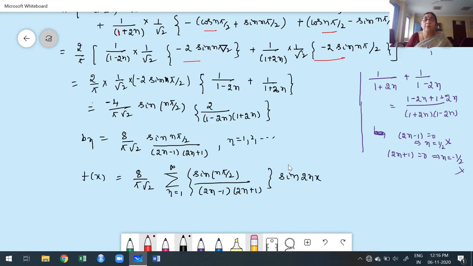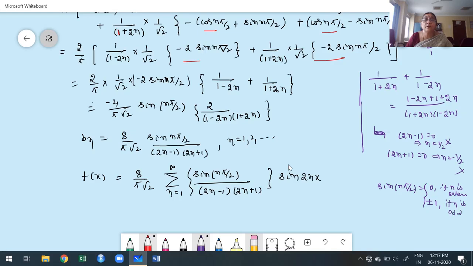Now observe carefully, we already know that sin of n pi by 2 has two cases: 0 if n is even, plus or minus 1 if n is odd.